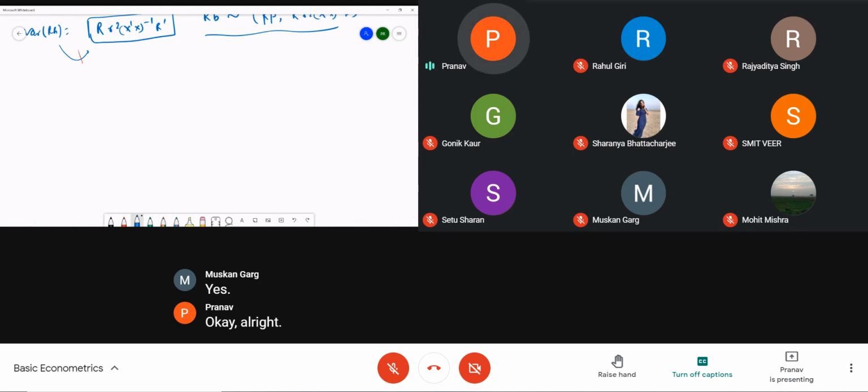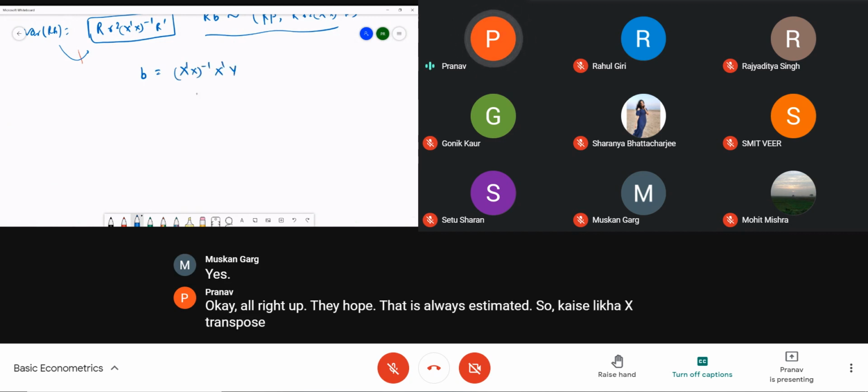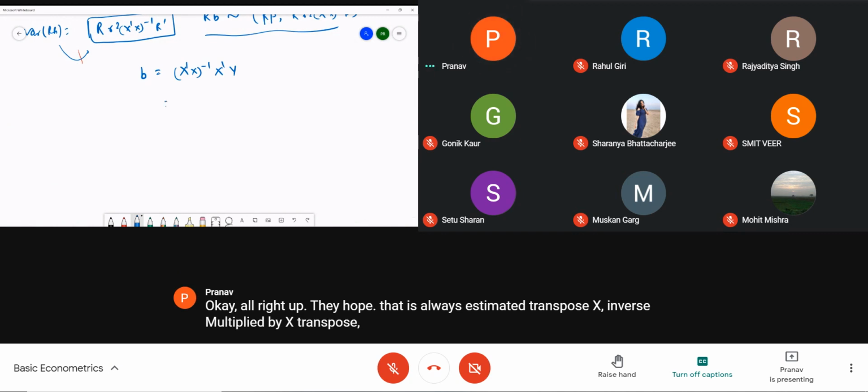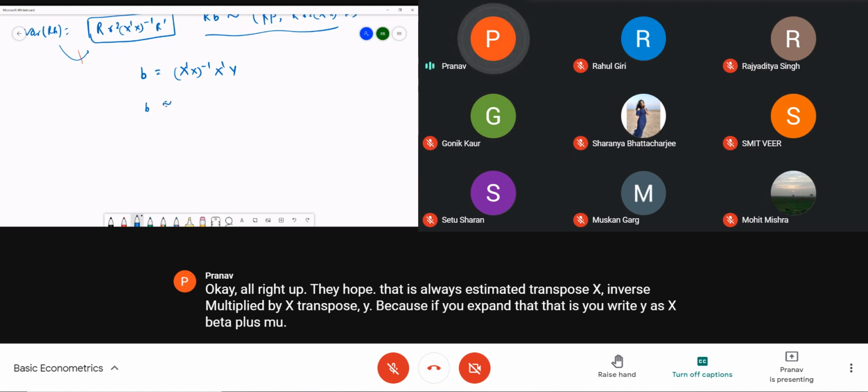Now look, that is the OLS estimator. How did you write it? X transpose X inverse multiplied by X transpose Y. Yesterday also we saw that if you expand that, that is, you write Y as X beta plus mu, then b becomes a function of mu, that is the error term.